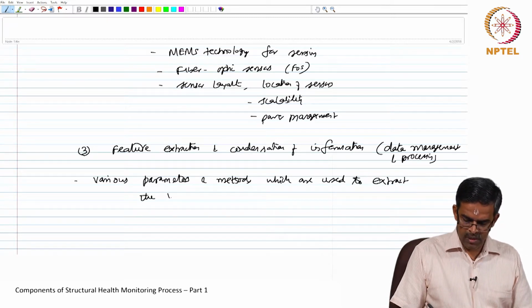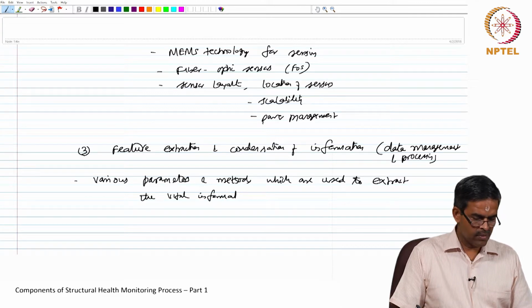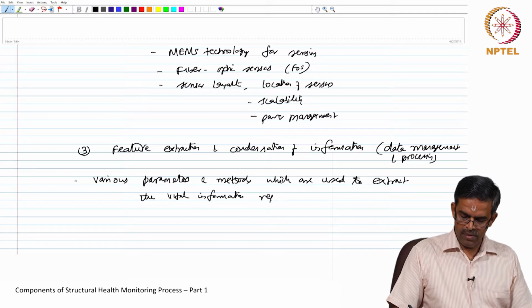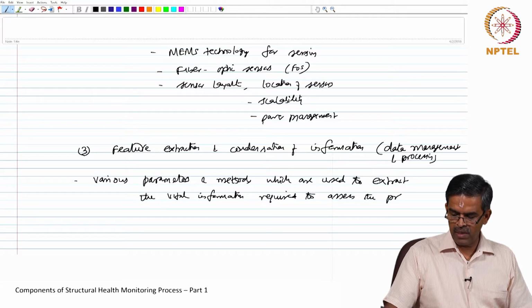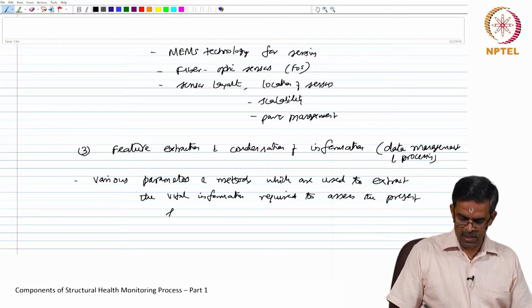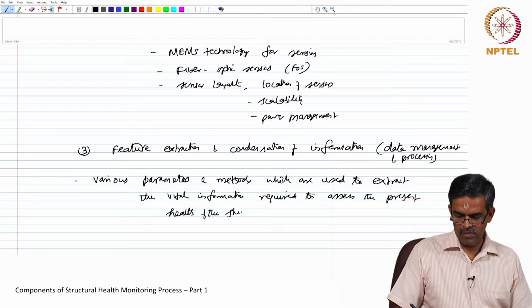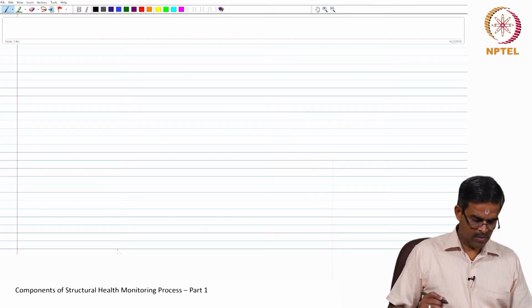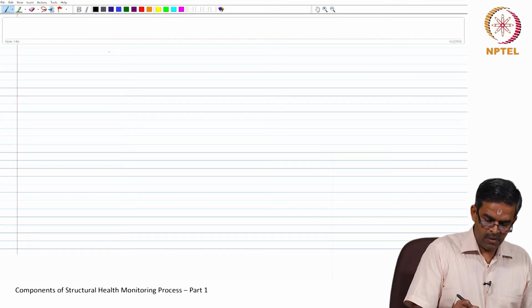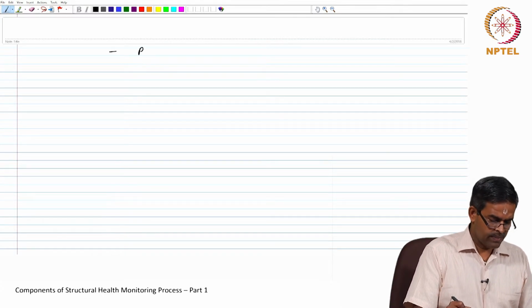I should say the vital information which are required to assess the present health of the structure. A few of them are listed here.